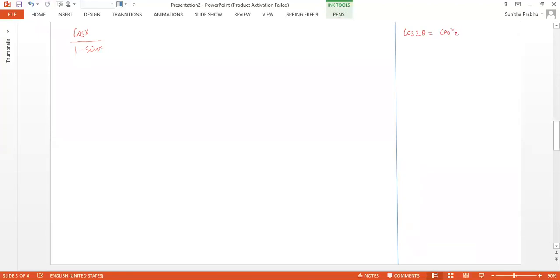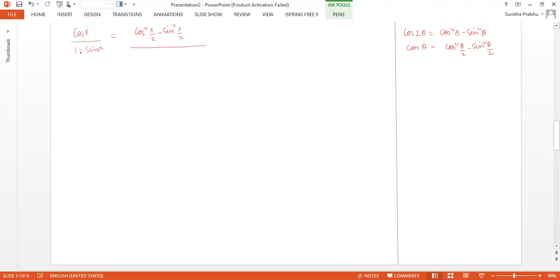Cos square theta minus sin square theta. So cos theta therefore will be cos square theta by 2 minus sin square theta by 2. Do you agree? So on top I'll write this as cos square x by 2 minus sin square x by 2.